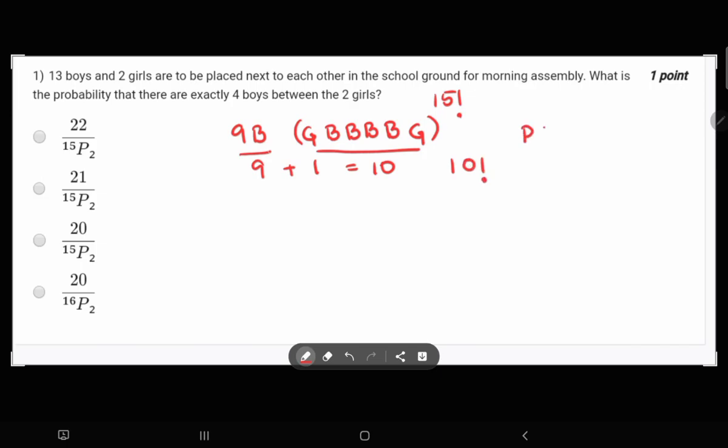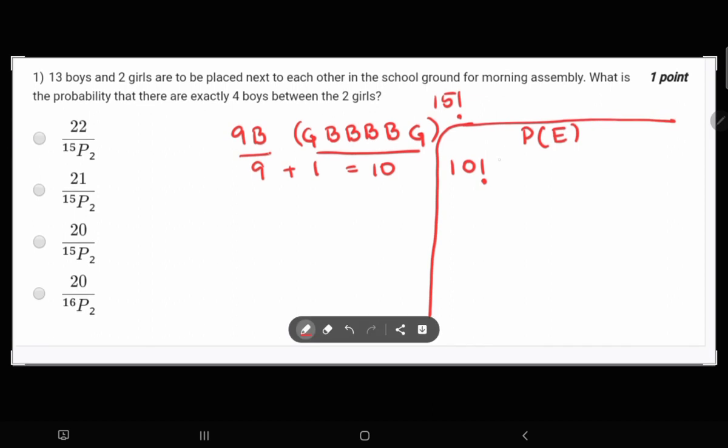Let us name this event as PE. So 10 factorial. And coming to the group that we isolated before, ways of arranging girls would be, let us make this girl 1 and girl 2, so it could be here, or girl 1 would be shifted here.